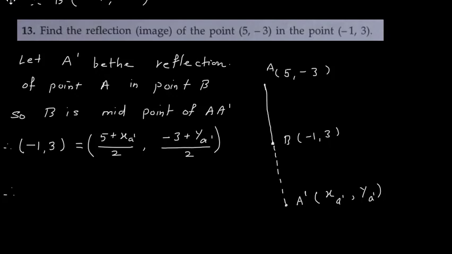So this will give me minus 1 is equal to (5 plus xA dash) upon 2, and we will get 3 is equal to (-3 plus yA dash) divided by 2.